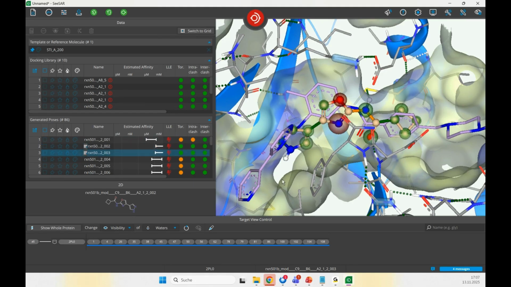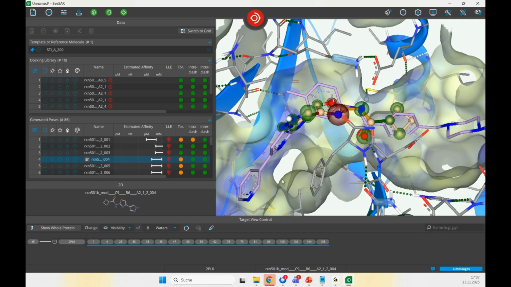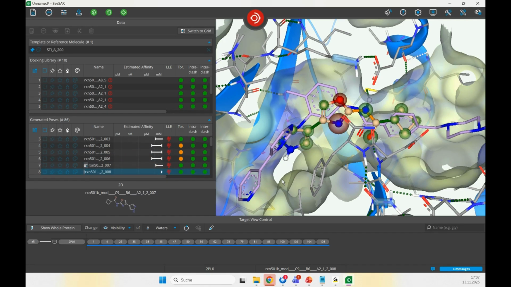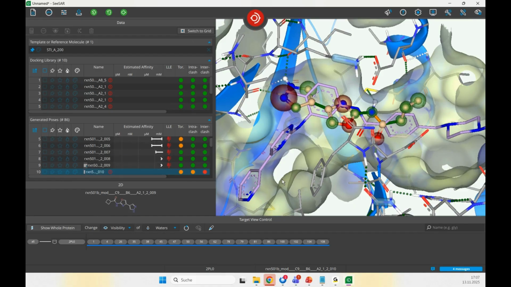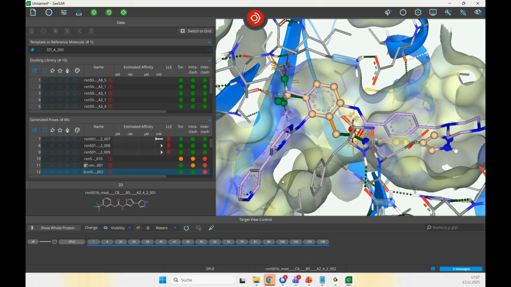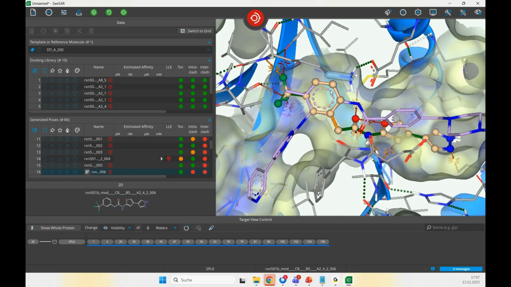It's exactly doing what it's supposed to do from its perspective. It tries to match it in the best possible way, like in this case, the phenol system. So yeah, template docking.